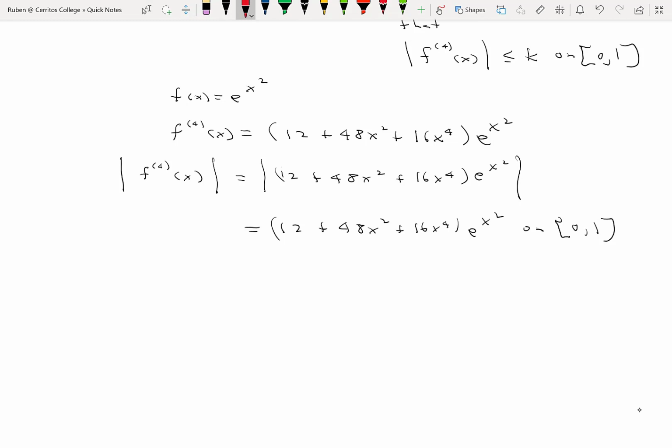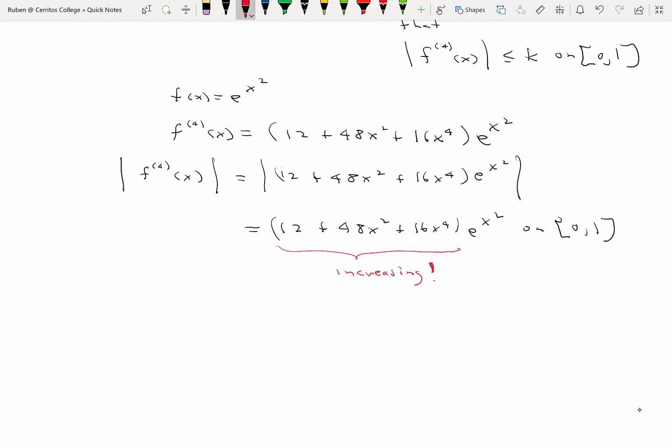As x gets bigger, the quantity in the parentheses is increasing. You have 12 plus 48x squared. Even if you neglect 16x to the 4th, 12 plus 48x squared is getting bigger as x gets bigger, so that's increasing. Plus 16x to the 4th is increasing itself, so you're adding increasing quantities together. The stuff in the parentheses is increasing.